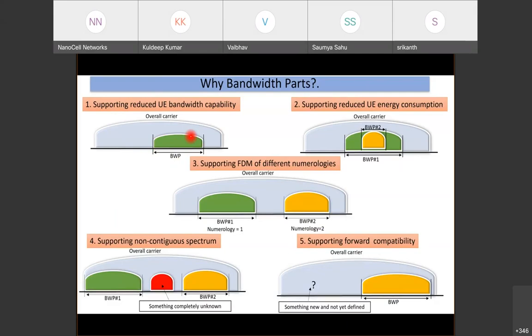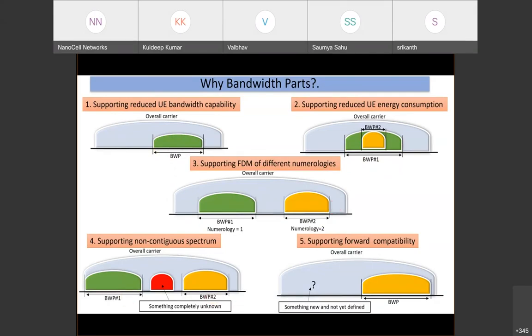And you could have different mobiles of different capabilities. And mobile need not keep all this RF front end open. It can go to a low RF footprint, I mean, internally with some power saving when it doesn't have that much data.